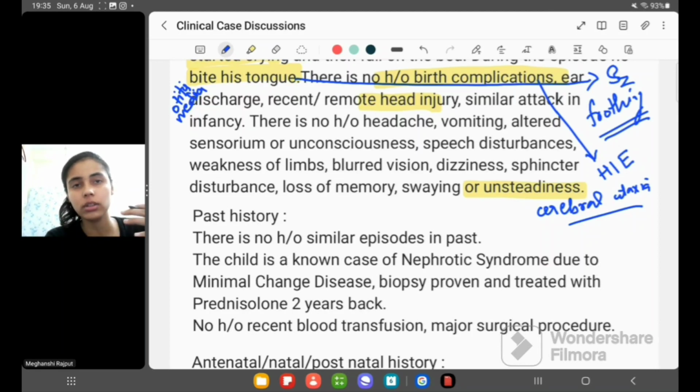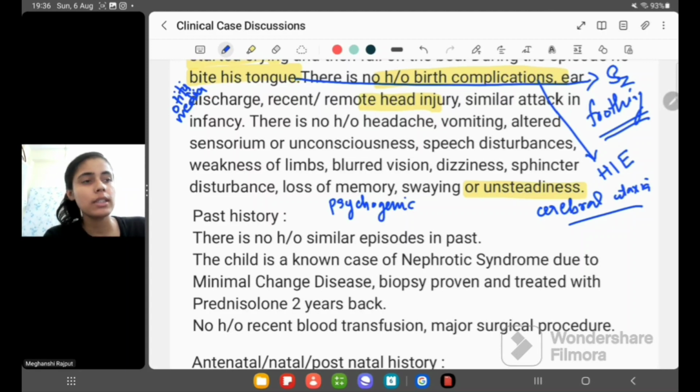They don't have a history of falling somewhere, and they don't have such jerky movements or stiffness. These psychogenic seizures are usually followed by some emotional disturbance or emotional trigger factors you need to rule out, and it is seen in the teenage group. So for these abnormal body movements we have to take the history.